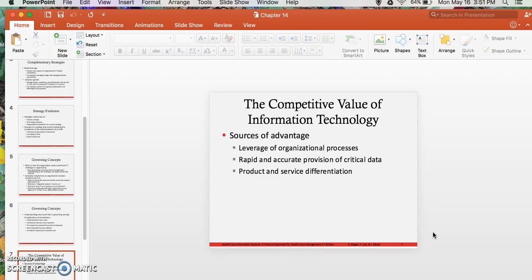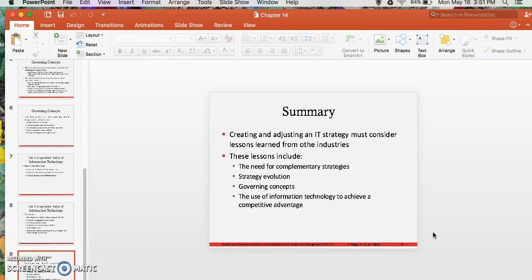Let's say Amazon decides to innovate or buy new technology that costs them multi-million dollars. In order to justify those costs, they're going to say, okay, how do we beat eBay if we invest in this? Or do we have that opportunity to beat eBay? So that's your competitive value of information technology. So again, both short chapters.